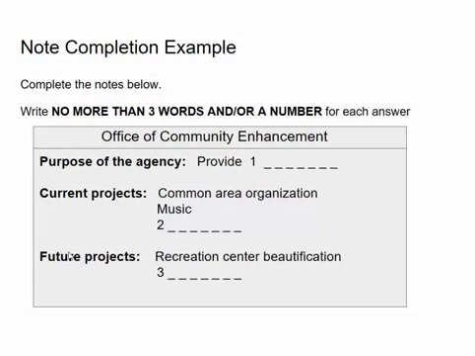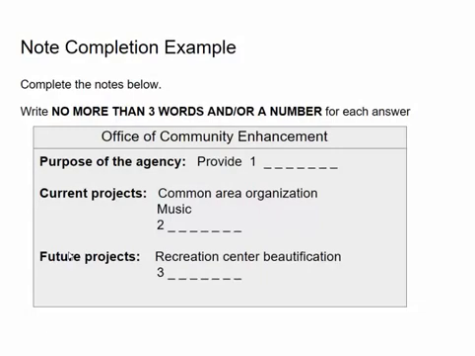For question number 1, basically it looks like we're looking for what the Office of Community Enhancement's mission is. Okay? What does it try to do? What's the purpose of that agency? And we have to listen for what they provide. All right, we don't know what that's going to be, but that's the basic idea we're going to have to listen for number 1.